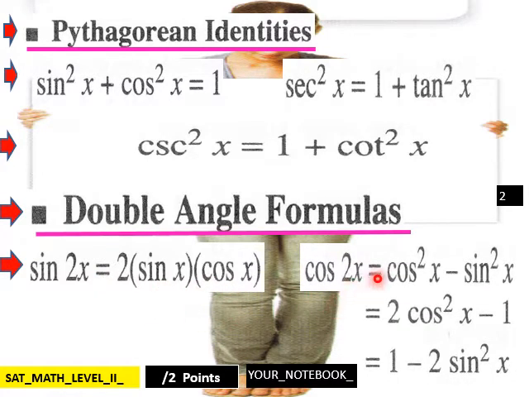Then cosine 2x equals cosine squared x minus sine squared x, which in turn becomes 2 cosine squared x minus 1, which will finally become 1 minus 2 sine squared x. You should know these identities and double angle formulas. If you don't, again, I can provide packets for you to study up.